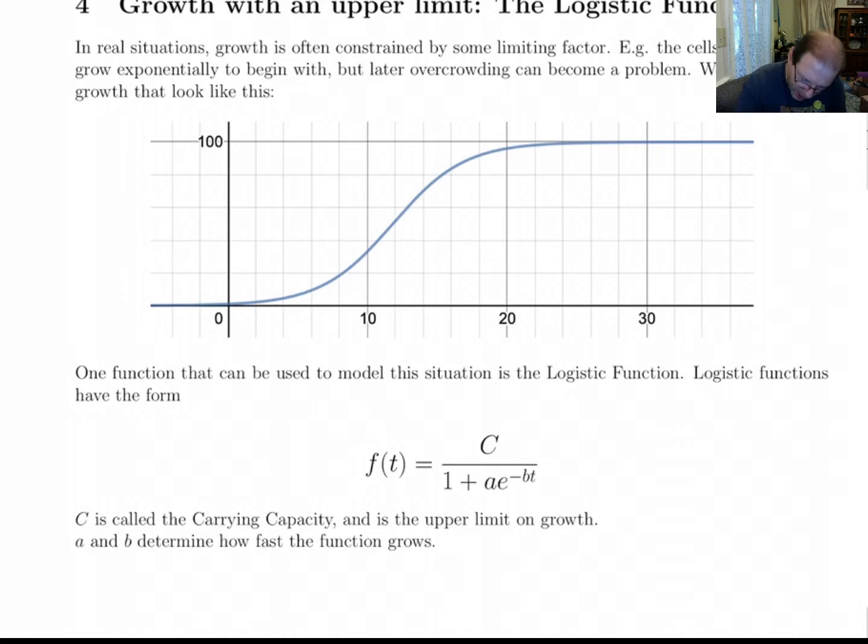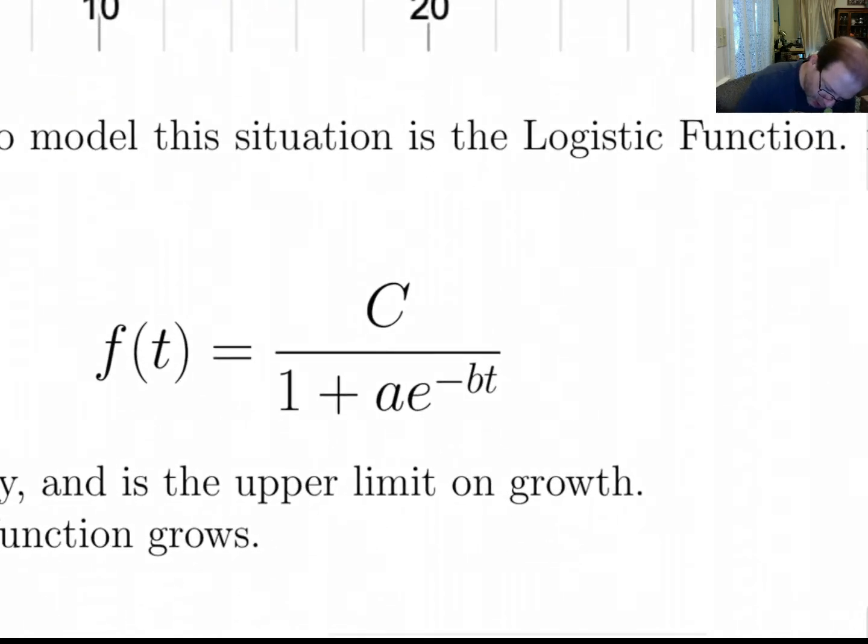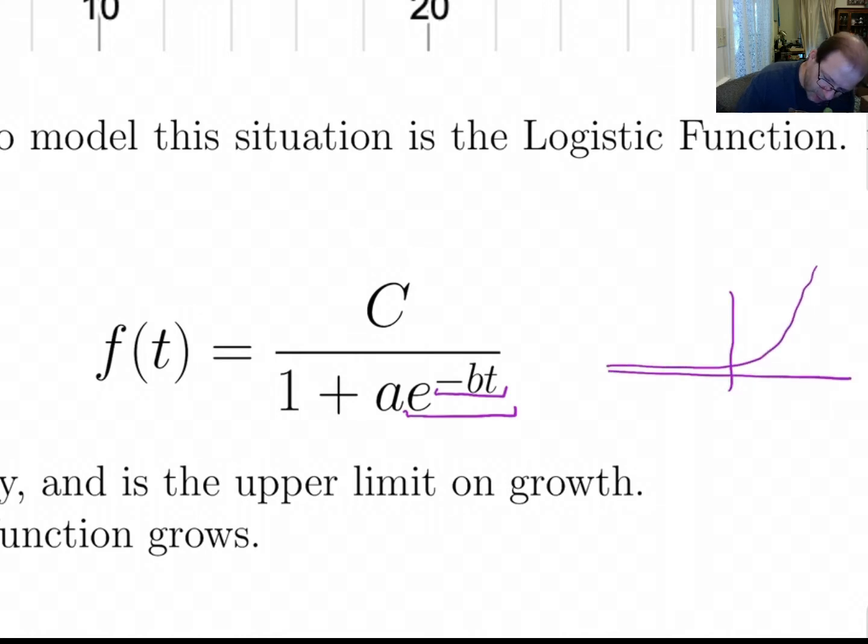So let's look at what happens when t grows large. When t grows large, minus bt goes to a large negative number. And if you look at what happens to e to the minus bt, well, e to the x looks like this. If you plug in a large negative number, you get something that approaches 0.